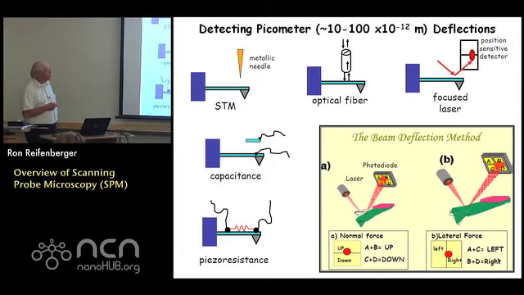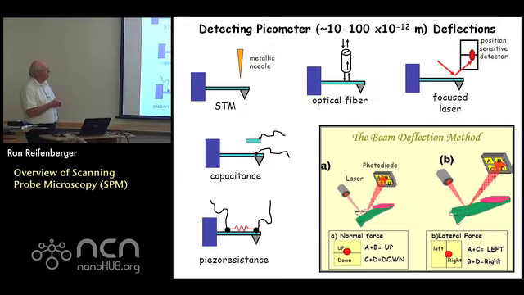So you can calibrate this system very nicely. You can calibrate for, let's say, a nanometer deflection of the cantilever, how many volts are going to come out of this position-sensitive detector. Once you know that calibration factor, then you're in.